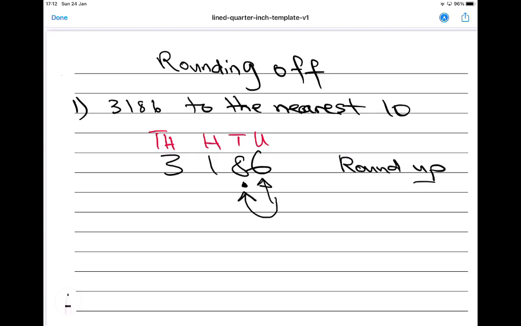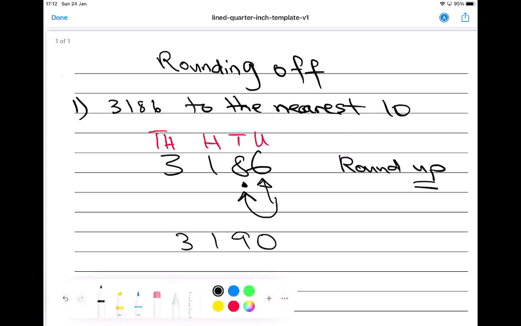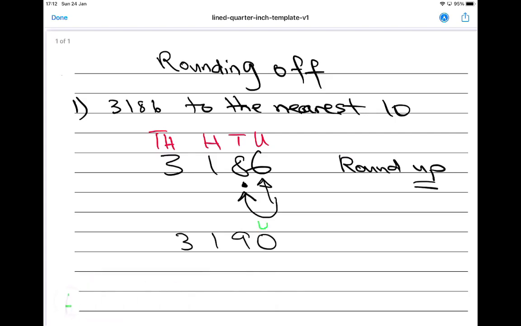That is why we are rounding up, so the 8 goes up to 9. And where there was a 6, we now leave a 0 there. So the answer then becomes 3,190.